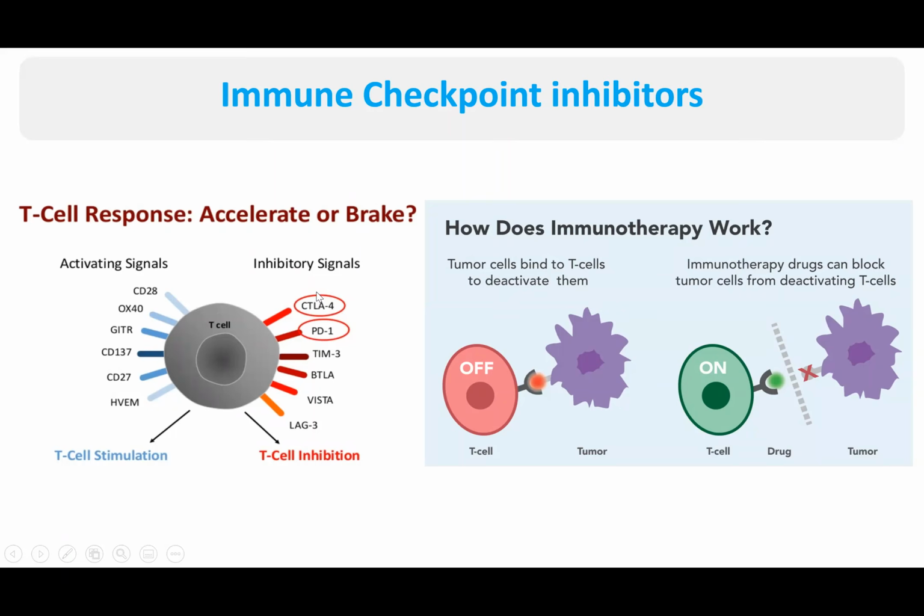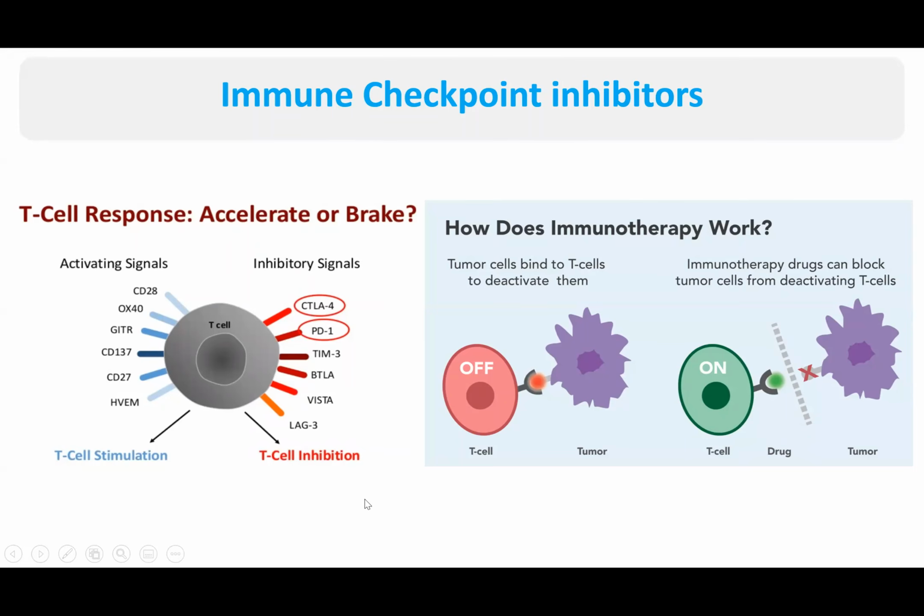But there are also inhibitory signals, like cytotoxic T lymphocyte antigen 4 or CTLA-4, or programmed death 1 ligand, and TIM3 and LAG3. All these molecules are inhibitory. So if these molecules are upregulated or activated, this will lead to inhibition or suppression of the activity of T cells.